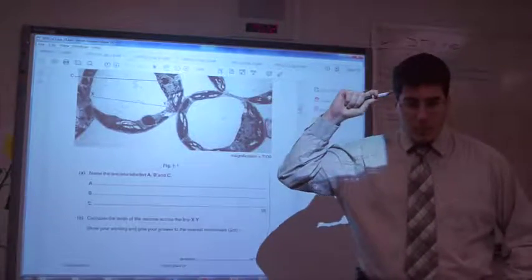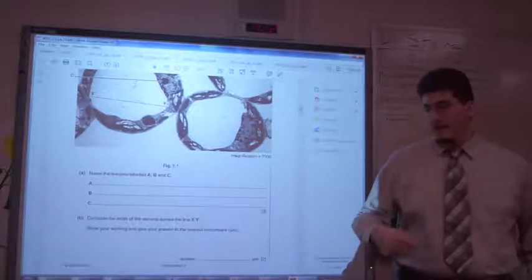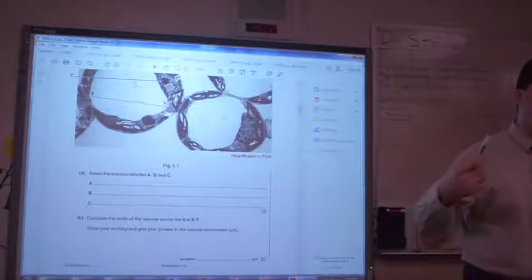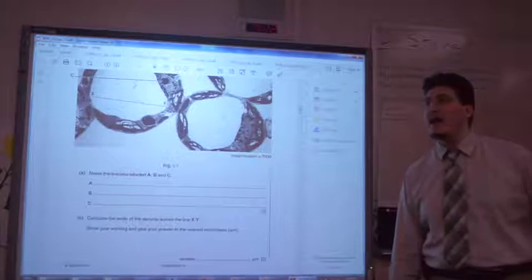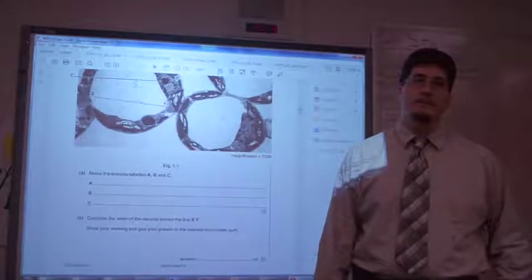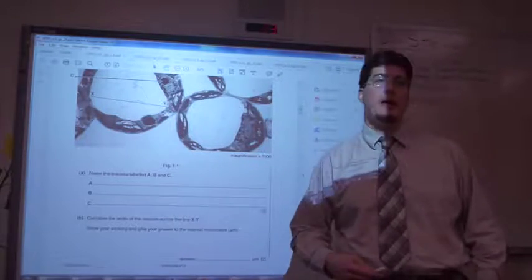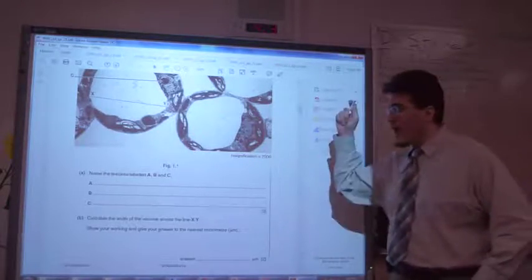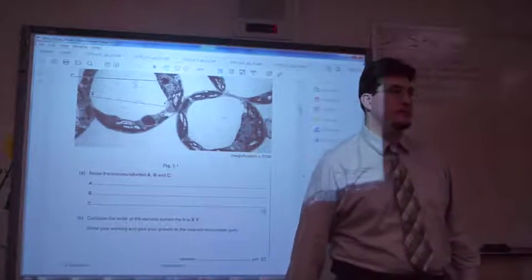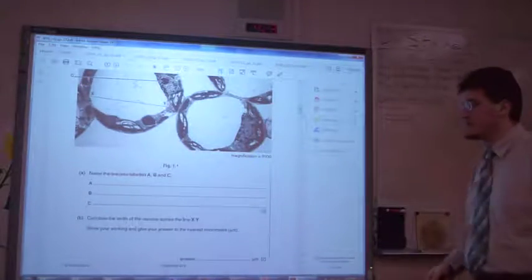On maybe 80% of all the Cambridge exam paper 2s that I've seen, and well, maybe not every, 50% of the paper 3s that I've seen, there has been a question asking you to calculate magnification and measure it.